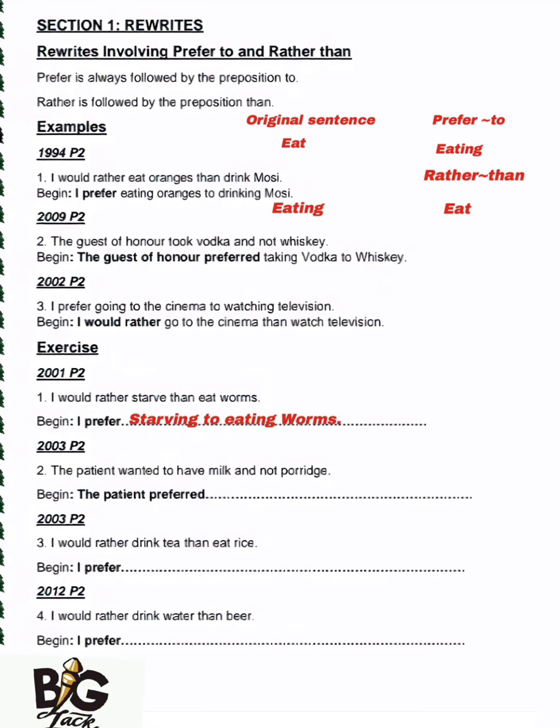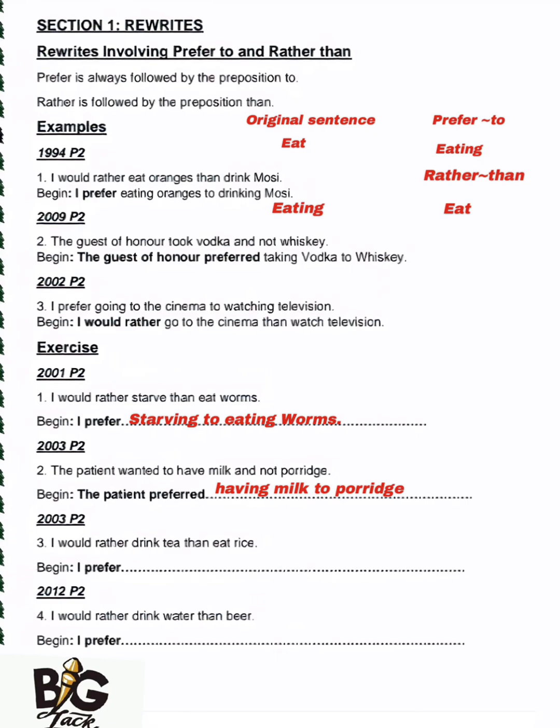Let me say, the patient preferred having, not "to having." Yeah, that's the correct one: "The patient preferred having milk to porridge."